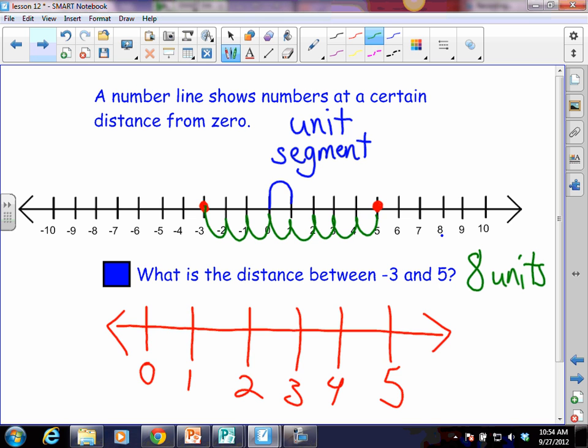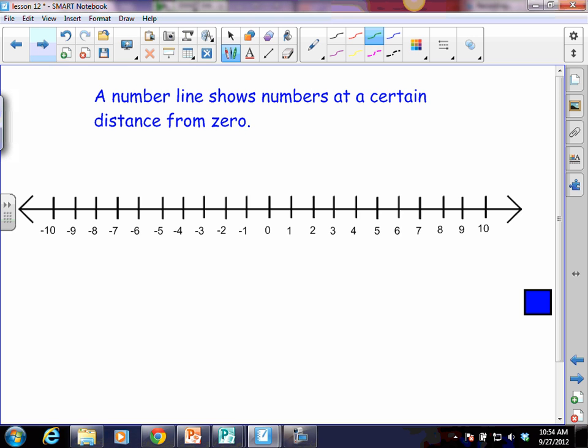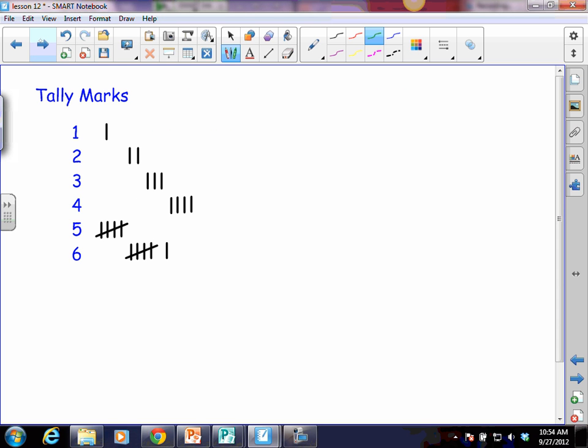units. And so we have a couple of different ideas to look at when it comes to using a number line. The last concept that we're going to look at is the idea of tally marks.